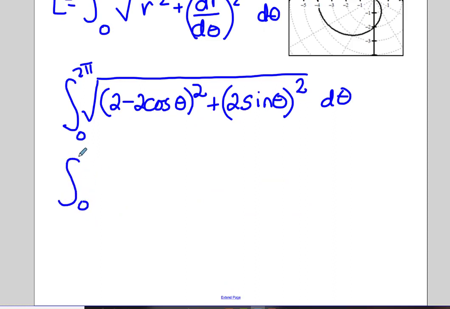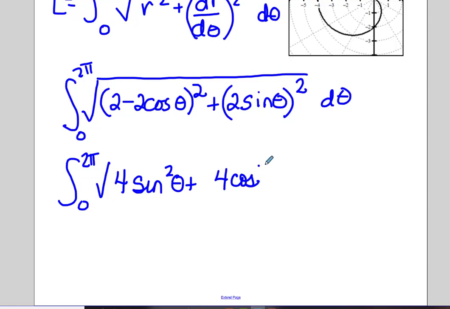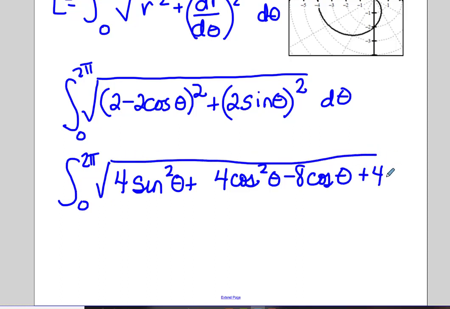And then to make it simpler, let's see what we got here. We can take 4 sine squared theta plus 4 cosine squared theta minus 8 cosine theta plus 4 under the radical d theta. So this is 4 sine squared theta.